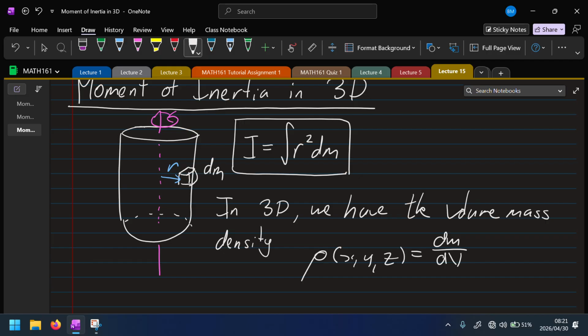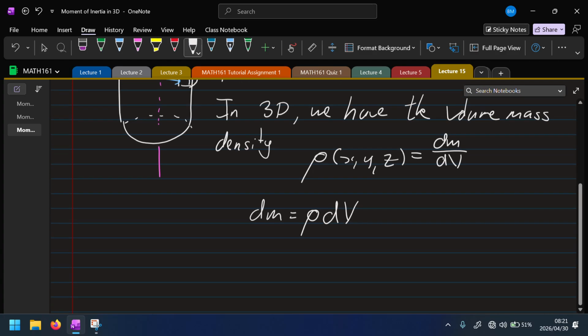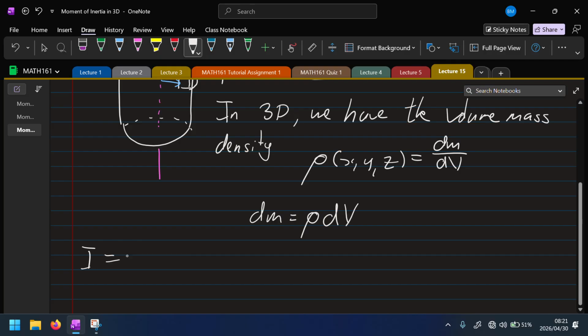So dV we can take over to the other side, and we can find dm, which we need there. So dm is rho dV. Let's substitute it into our equation above. We end up with this.